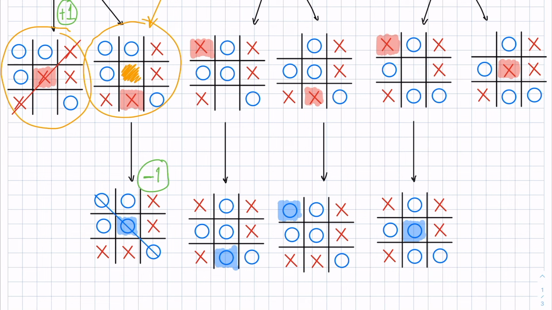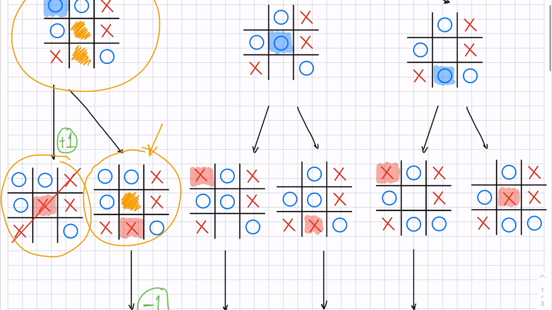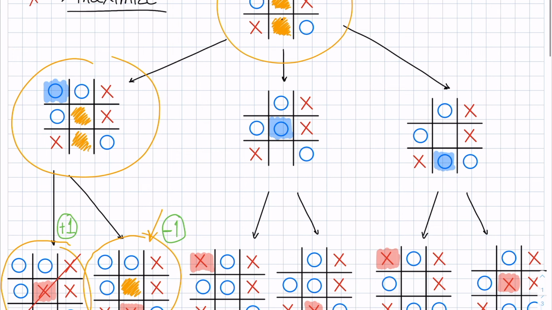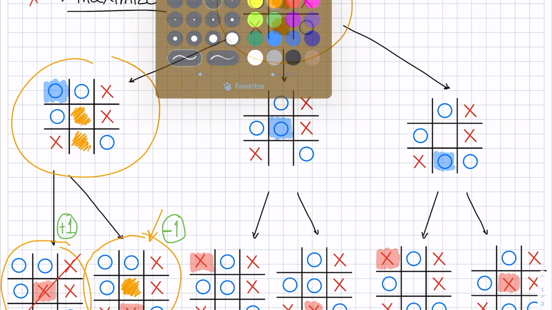Well, he wants a negative score. So he's going to choose from all the options, which in this case is only one option, the lowest value. So in this case, -1. So this board returns, or has, an evaluation of -1 as well. Now, this is where things start to get interesting. So we're now on this board.